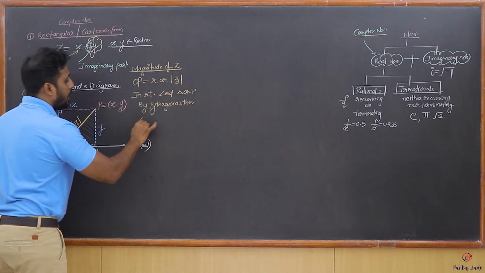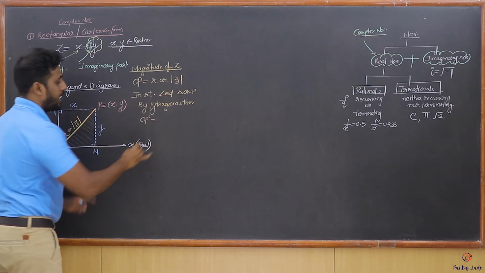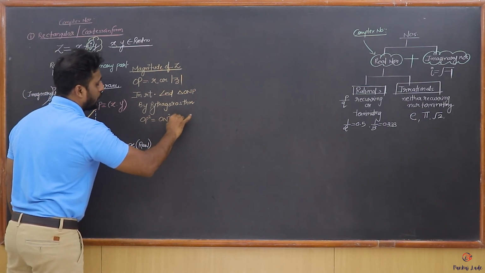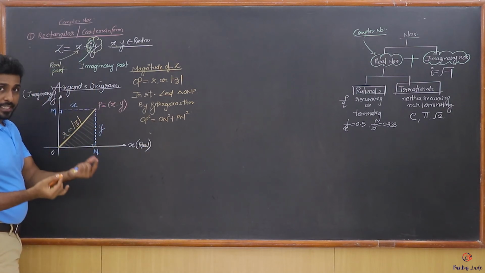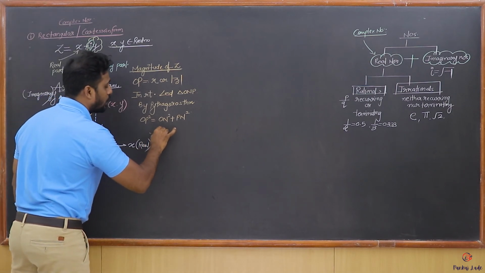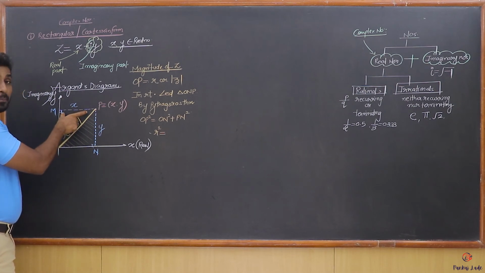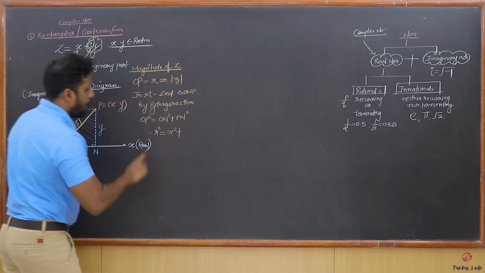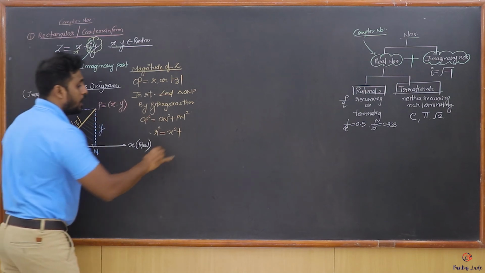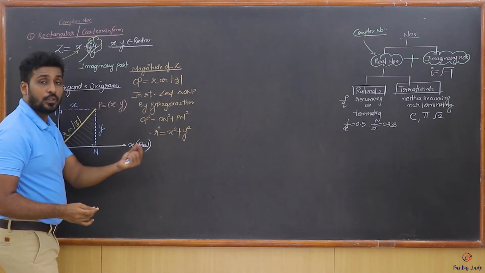So you can see that OP square is going to be ON square plus PN square, isn't it? ON square plus PN square. Now I know OP is R, or I can say modulus of Z. So I'm going to write here R square initially. Now ON, if you observe, ON is the same as PM and is taken as x. So I write x square plus PN, which is y. So I write here y square. So I've got R square as what? x square plus y square.